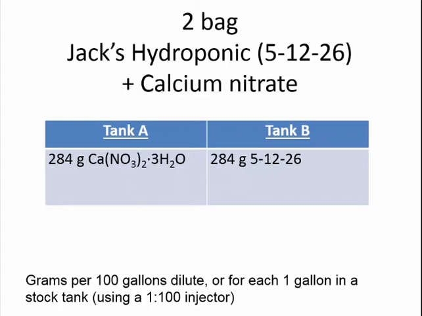So in this recipe, you can use equal parts of calcium nitrate and the Jack's Hydroponic 5-12-26, so 284 grams of each of them. And then I'll show you how that stacks up, but this recipe also supplies 150 parts per million nitrogen and a nice proportion of the other macronutrients and micronutrients.